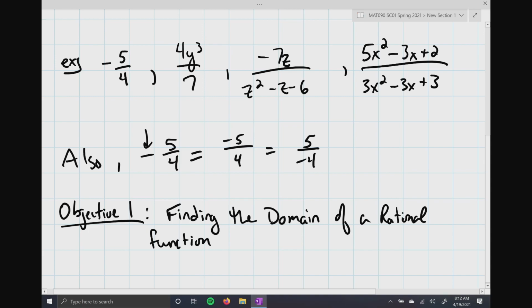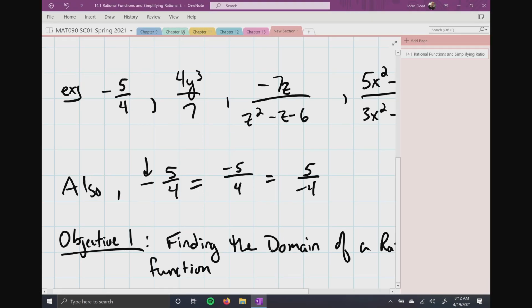So, we're going to find the domain of a rational function. Now, I have a question for you. Can anybody remember what it means to find the domain? Now, we did this. Remember functions? Here, we'll go back. I think it was chapter 10?